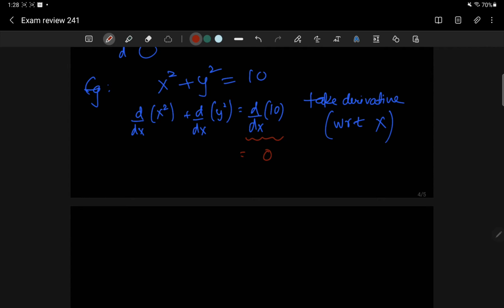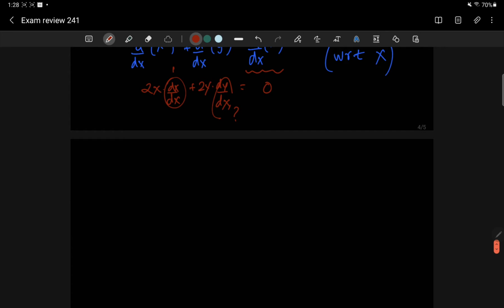How does x squared change with x? Well, we have a rule to find how that works, and it is 2x, but then it is dx over dx, which is 1. And this is 2y, and then it's dy over dx, which we don't know. We don't know what that is. But we know for sure it's not necessarily 1, unless there is some additional information which tells us that y is x. So this essentially becomes 2x plus 2y times dy over dx equals 0.